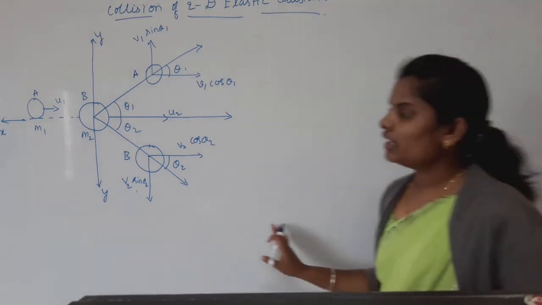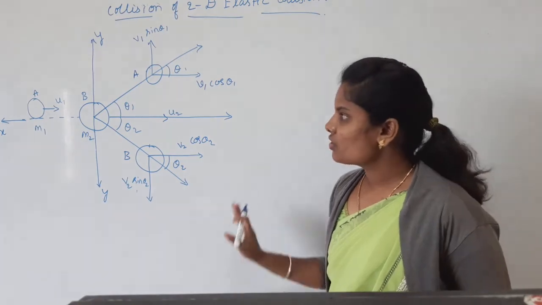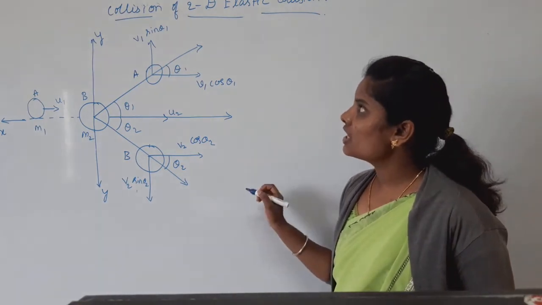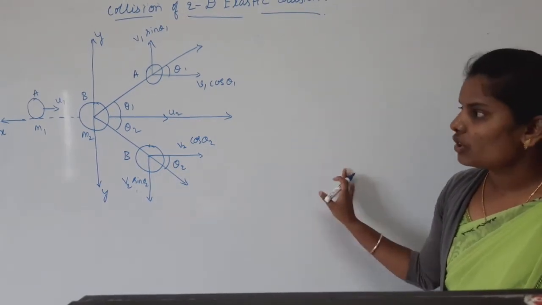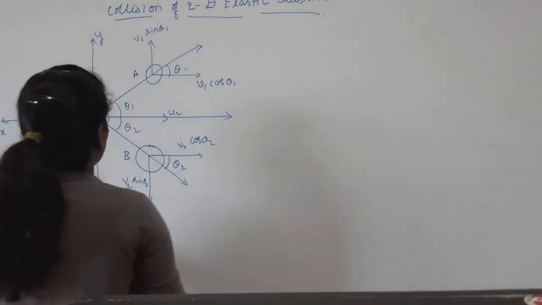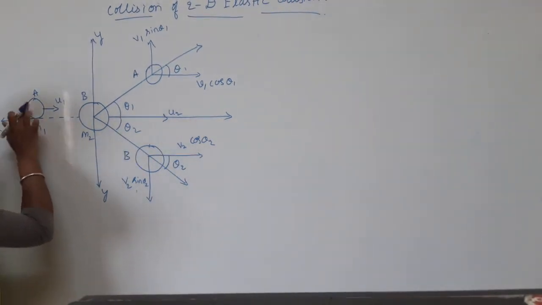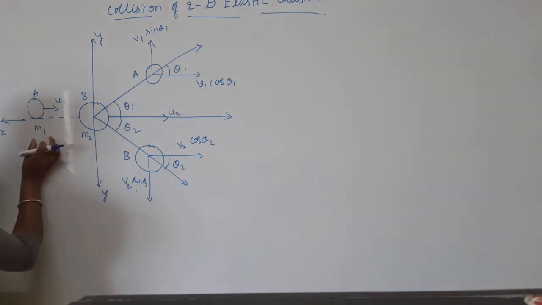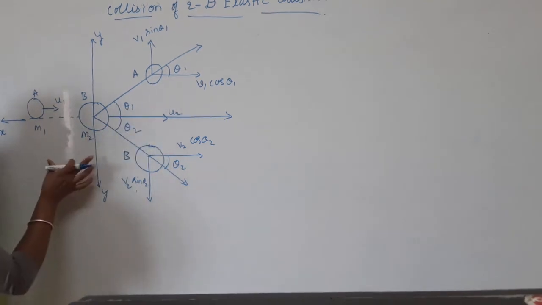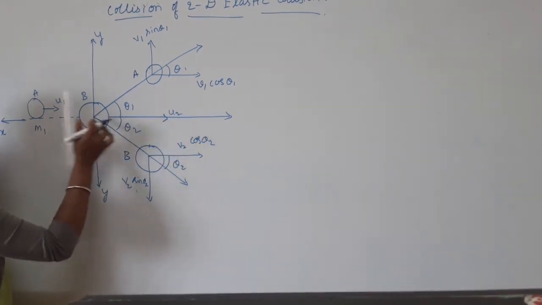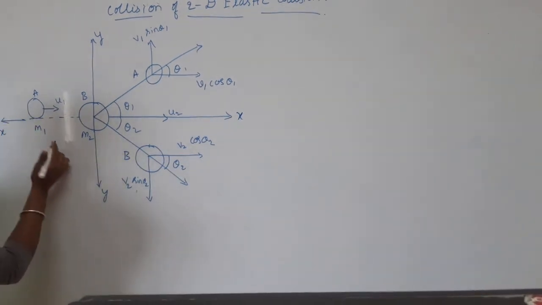So this is the diagram of a two-dimensional elastic collision. So the next topic is the two-dimensional elastic collision. Here we consider two bodies A and B of masses m1 and m2, with initial velocities u1 and u2, moving in the same direction, along the x-axis.